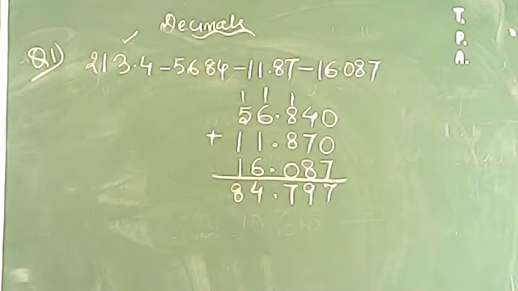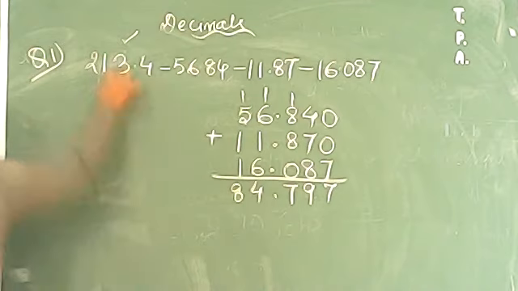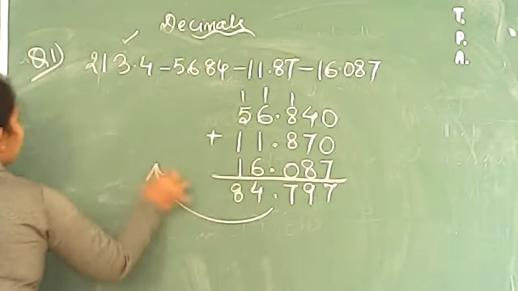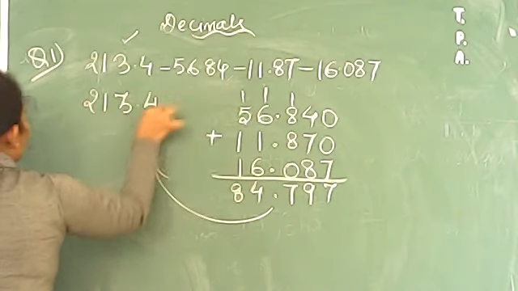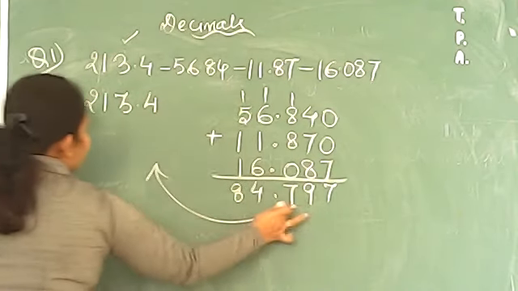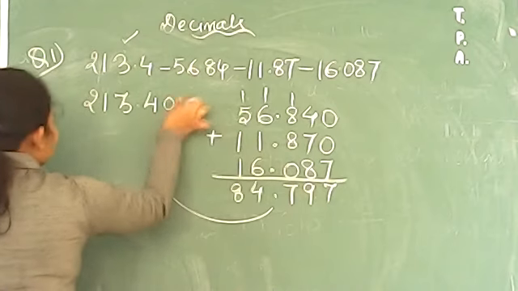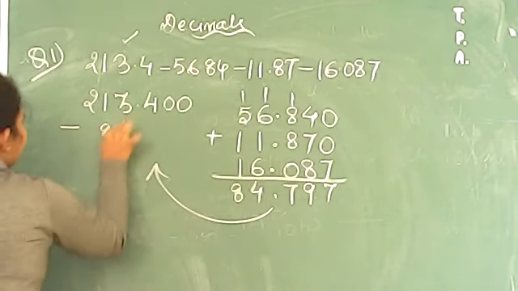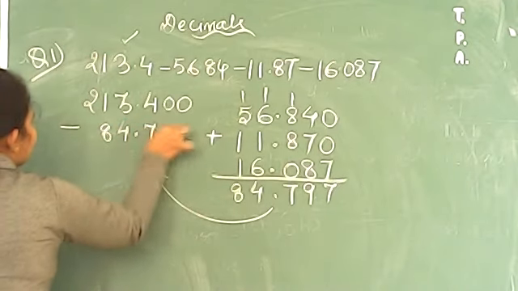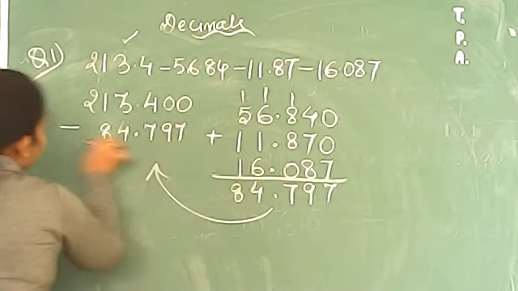Now you also have to subtract from 213.4. So you can simply subtract like this: 213.4. Here we have three places, 1, 2, 3. So you can simply make it like decimals and subtract 84.797 from it.